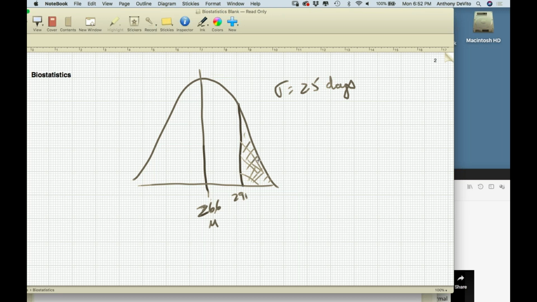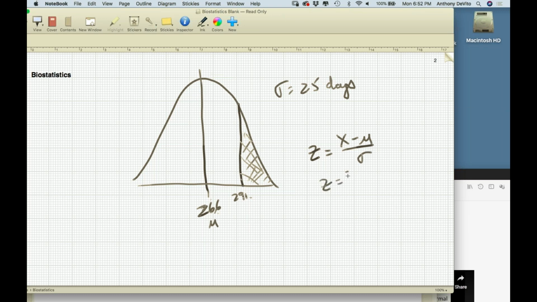Again, these are not real numbers. We're just doing this as an example. So how many standard deviations above the mean is 291 days? Well, you probably can see this by eye, but in case you can't, remember that little cheat with the z-score. Z is equal to the value you're interested in minus the mean, over the standard deviation.